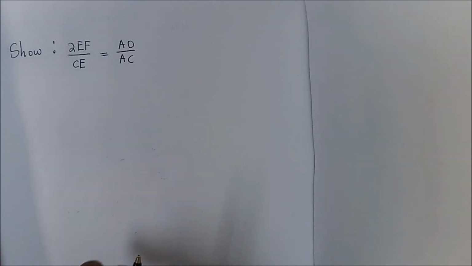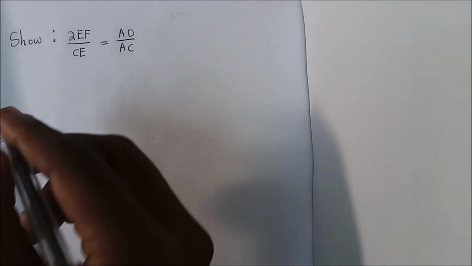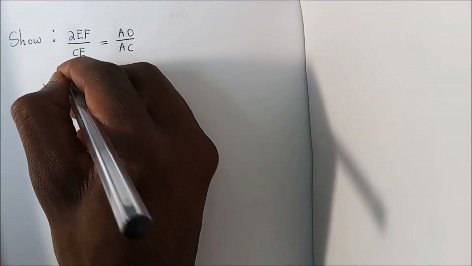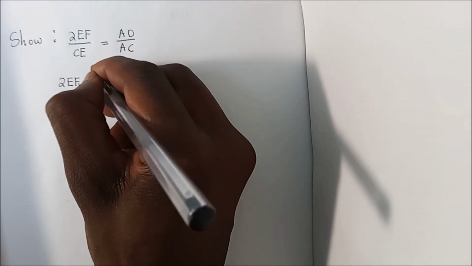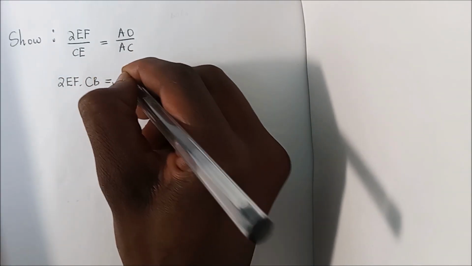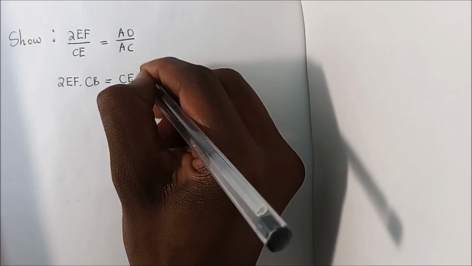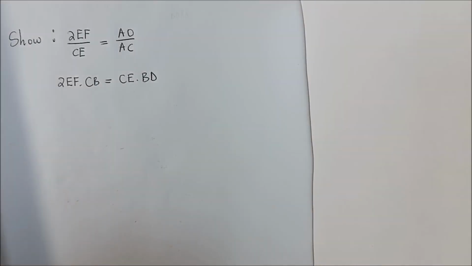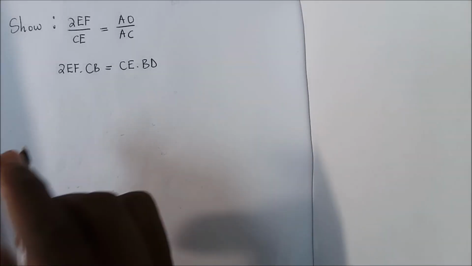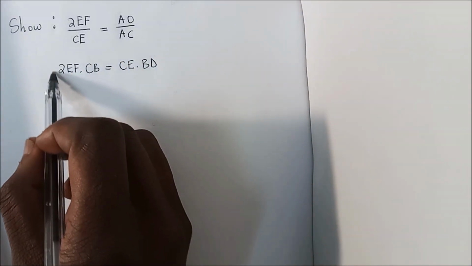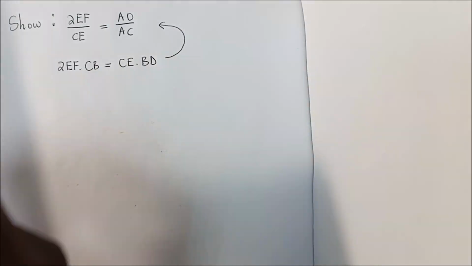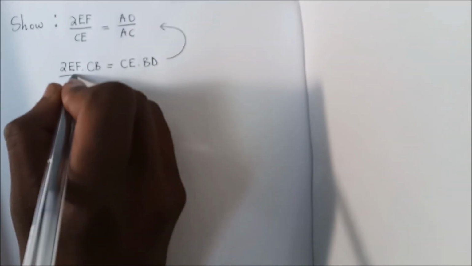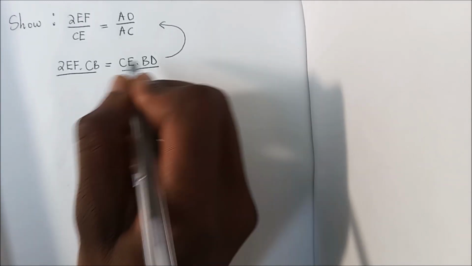So now let's go ahead and manipulate it. So let's say in the previous question we proved that 2EF dot CB equals CE dot BD. So now you ask yourself questions. Can you move from this thing to get that one? Obviously, you have to divide. Now you check.